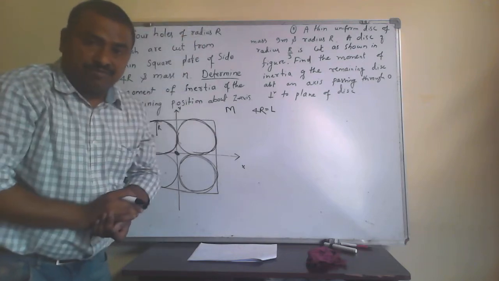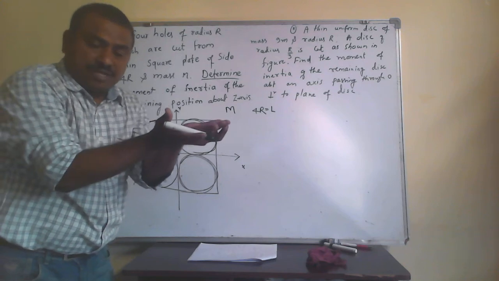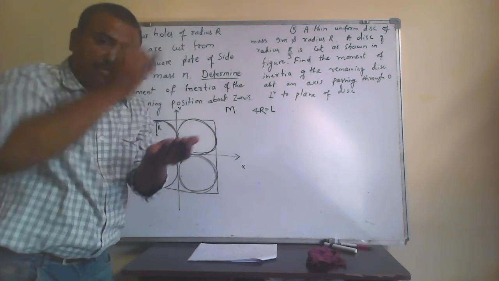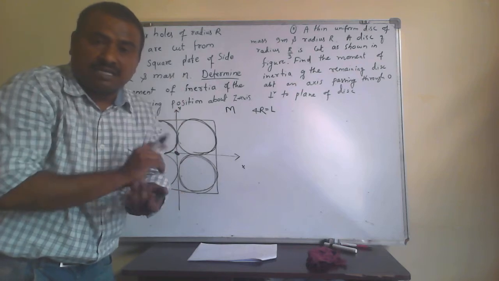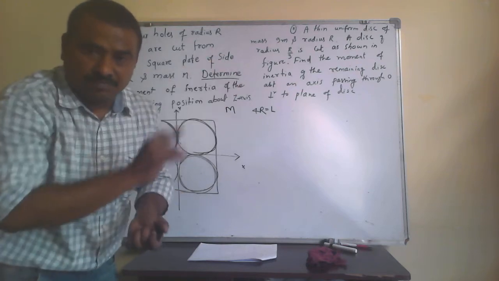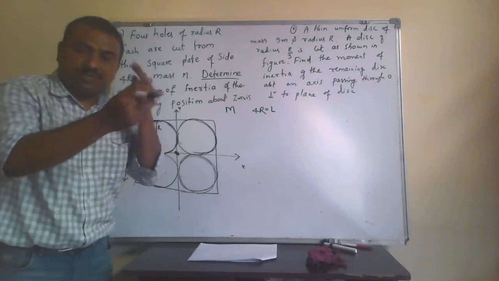In my second video, I told you that for a square plate, the moment of inertia perpendicular to it is m by 12 into (a square plus a square). If it is a rectangle, a square plus b square.